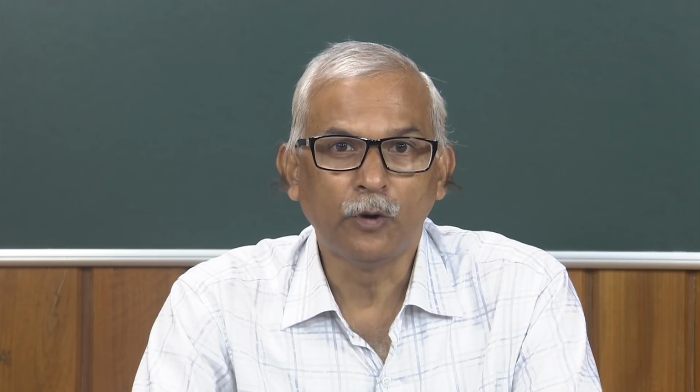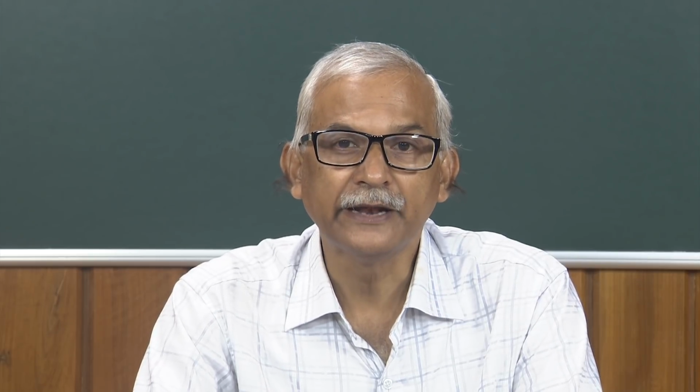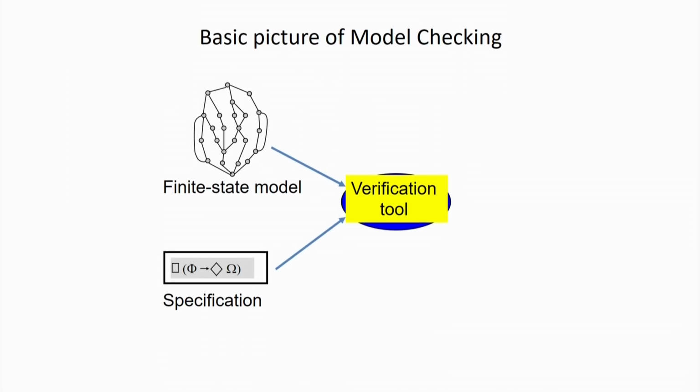When the model is ready, then we have to see what are the properties that need to be satisfied by that particular model. So, in that case, we are going to have the finite state model of the system. Basically these are the different states a system can have, and these are the possible transitions, and this is the complete state transition behavior of the system.